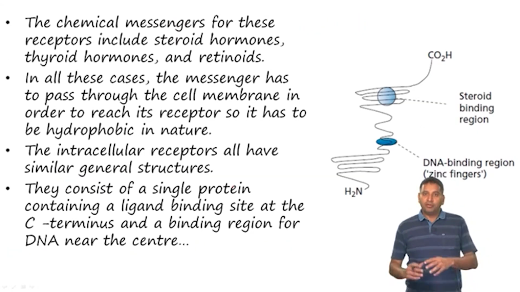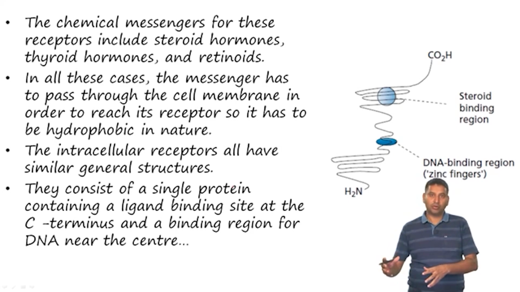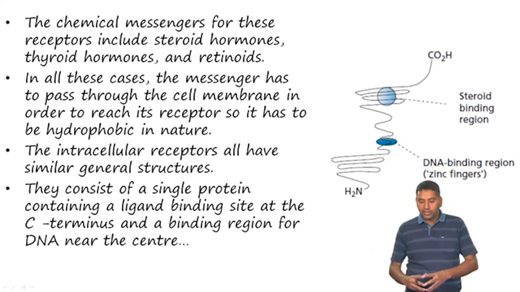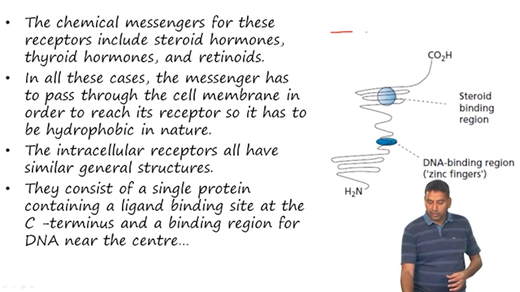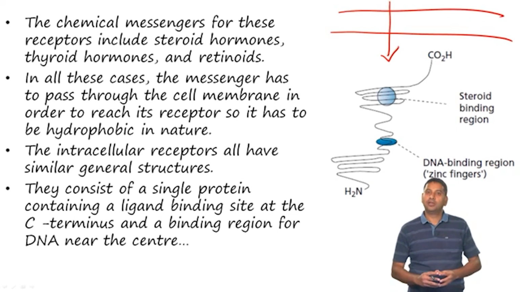Okay. So, when we look at the chemical messengers for these receptors, they include steroid hormones, thyroid hormones and retinoids. In all these cases, the compound or the messenger has to cross the cell membrane, get inside and then find the domain where it can bind to these receptors and lead to activation.